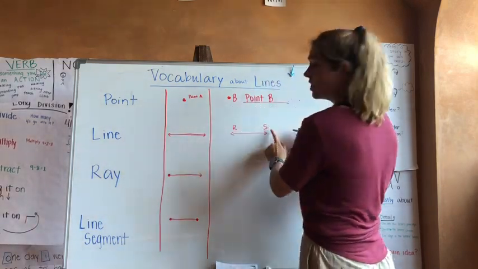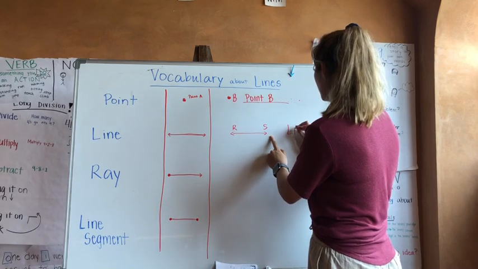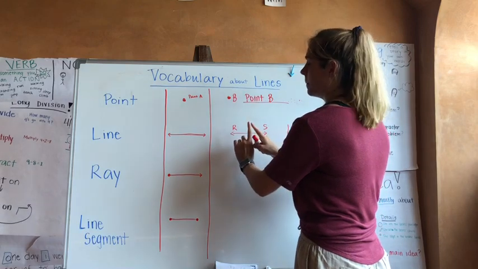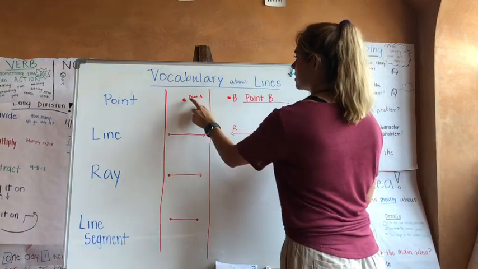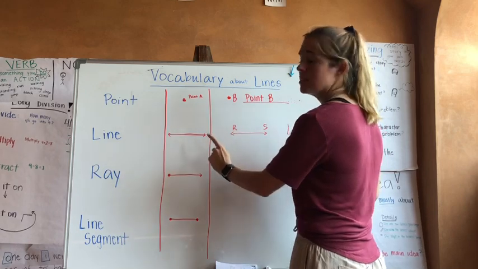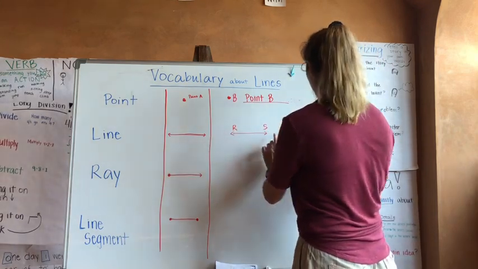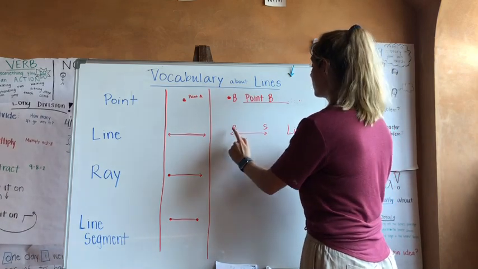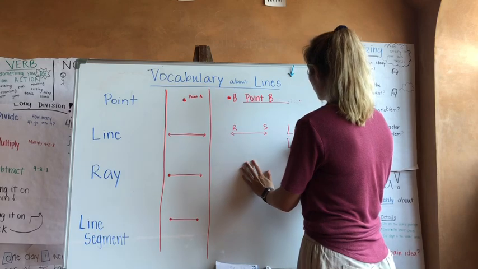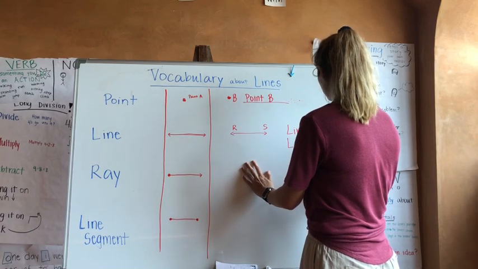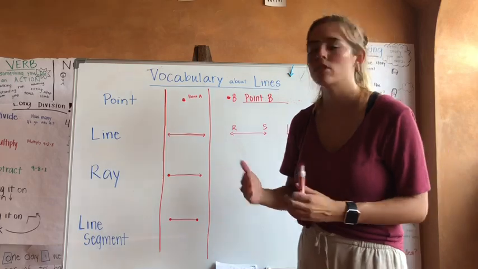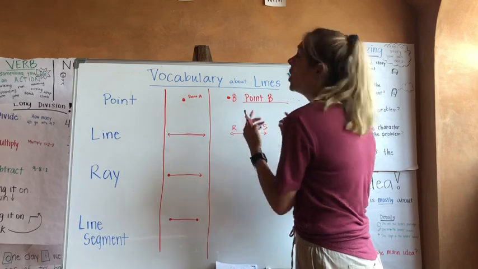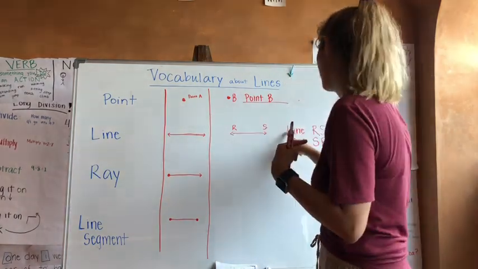So we're going to label this line, line RS, because it's not just one point. There's multiple points on a line. So this is line RS. Or it could be line SR. Either one would work, because that's its name. We're just saying, the line has labels on it, an R and an S. Well, that line is going to be called line RS.